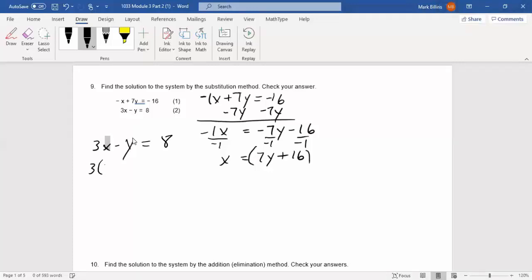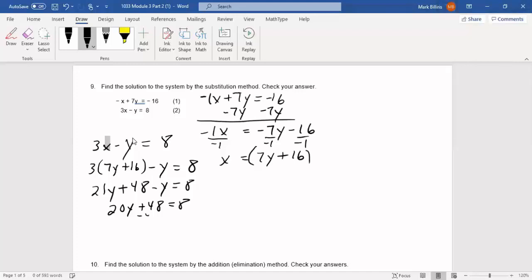Instead of x, we're going to put in 7y plus 16, and we have minus y equals 8. Distribute, so 3 times 7y is 21y. 3 times 16 is 48. Minus y equals 8. Combine like terms, so 21 minus 1 gives us 20y plus 48 equals 8.